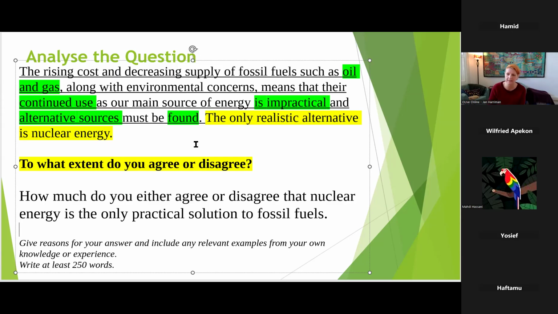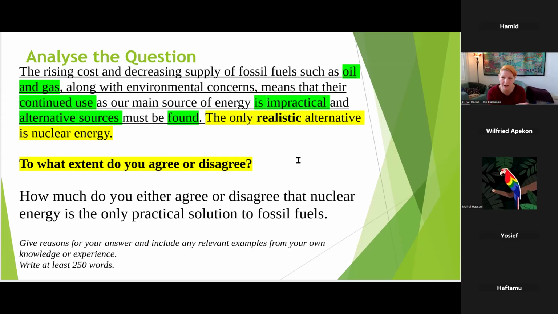What do we mean by realistic? Can you think? What does that mean? What does realistic mean? Practical. Practical, that's a great word to go with it. Yep. So practical is the only practical. So what does it mean to be practical?